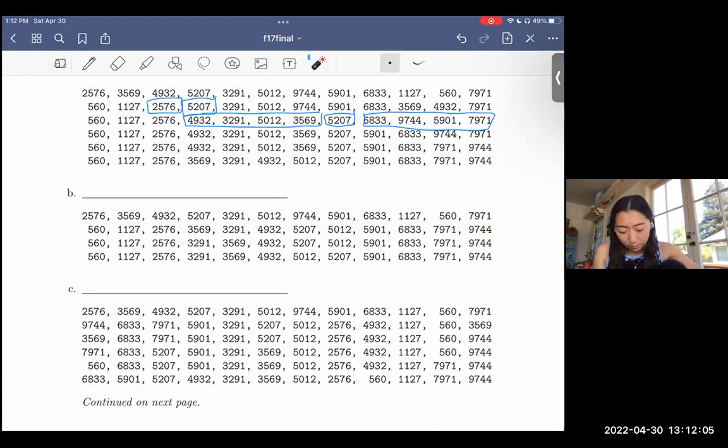We see that within the 3,000s and within the 5,000s, we're not sorted, but we get there eventually, right? And so I'm going to go ahead and take a guess and say that this is MSD radix sort. Cool. Now we can move on to part C.